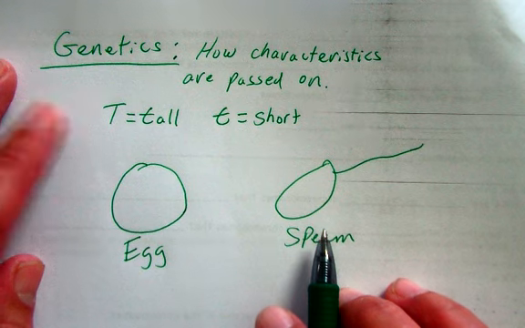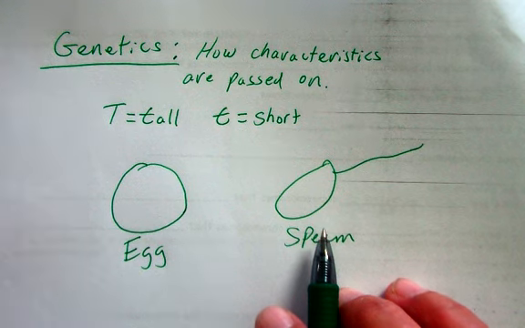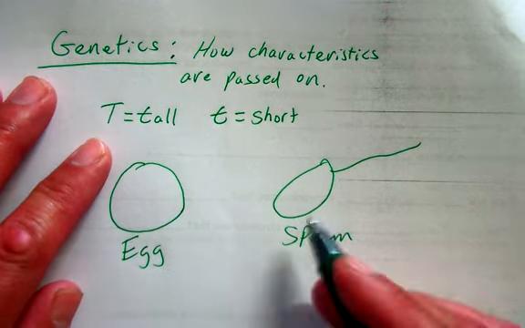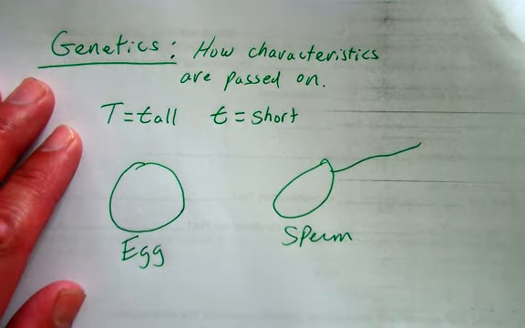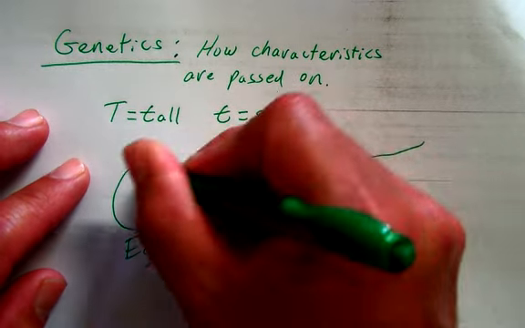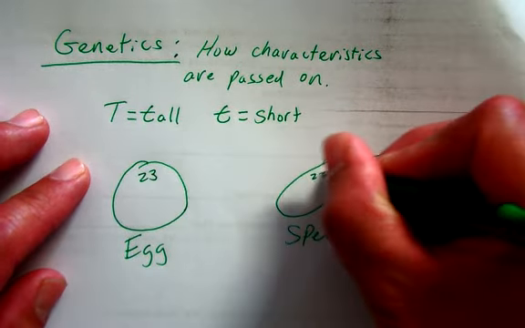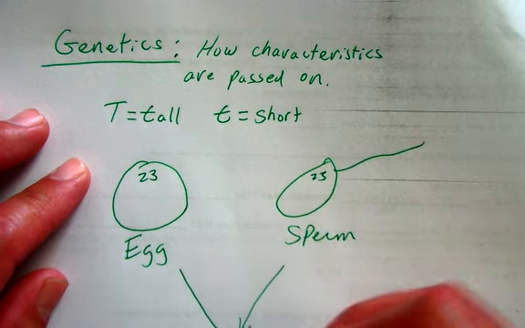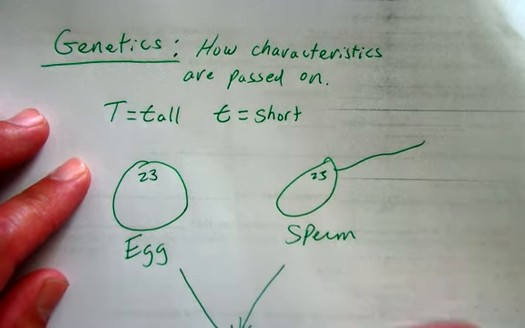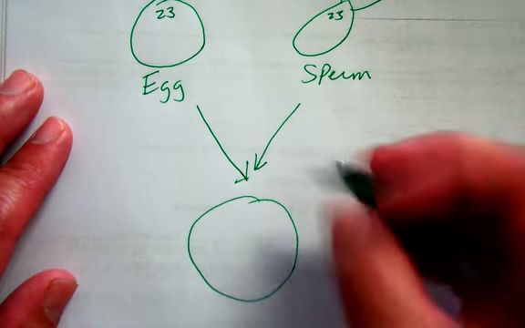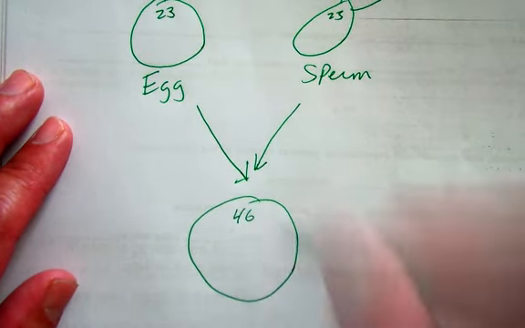So instead of 46, they have 23. So it's half of the information. Sperm has half of the information also. So when we have 23 and 23 and fertilization takes place, we get a fertilized egg, and this restores the chromosome number back to 46.